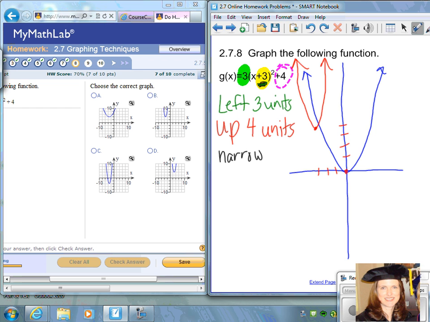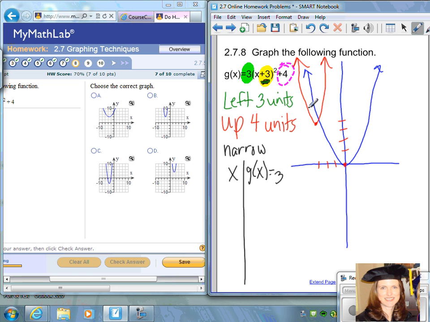We can double check this by plotting a few points, x and g of x, where g of x is 3 times the quantity x plus 3 squared plus 4.